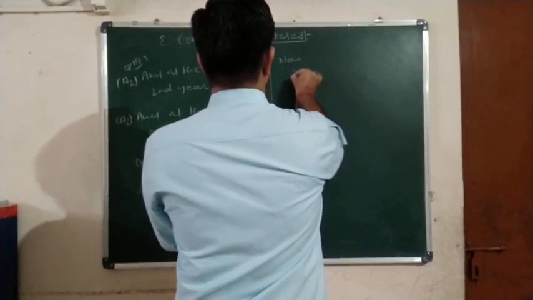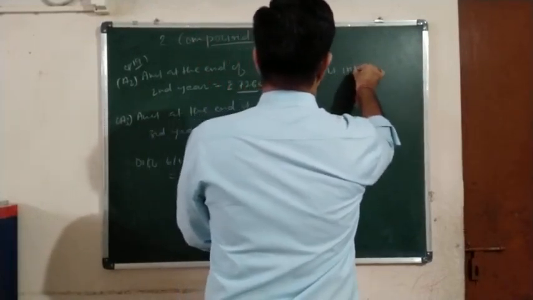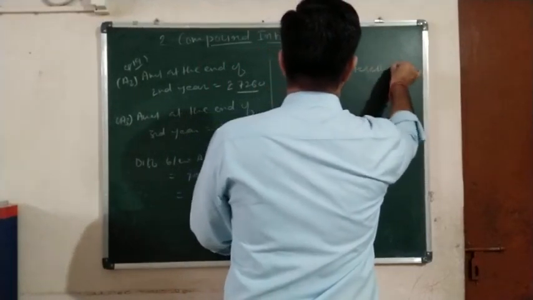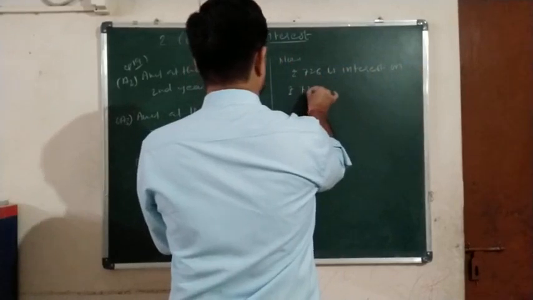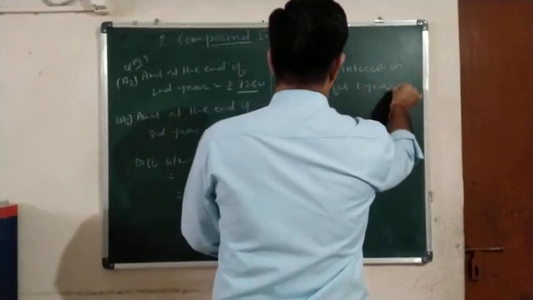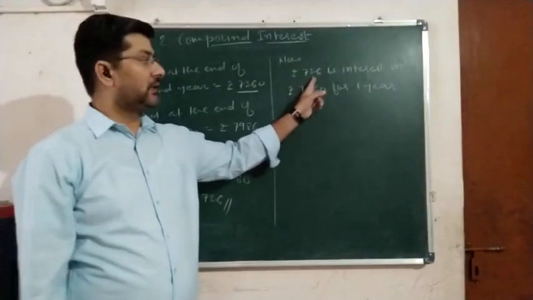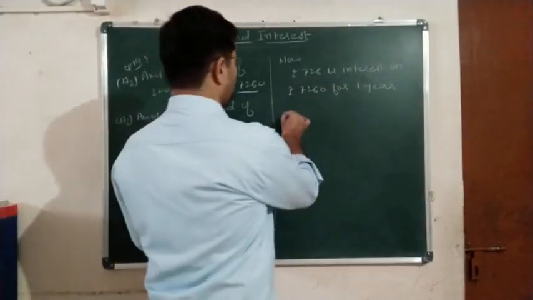Now rupees 726 is the interest on rupees 7260 for 1 year. Yes or no? So now you have the interest, the principal and the time. So we can put the formula to calculate the rate.